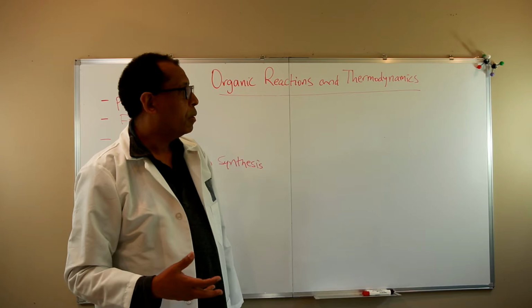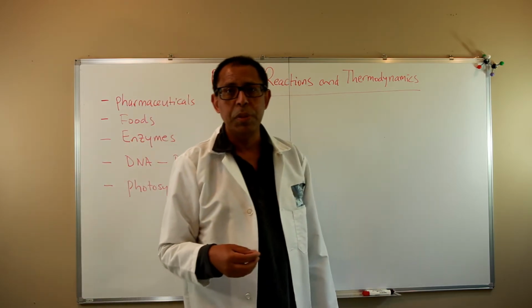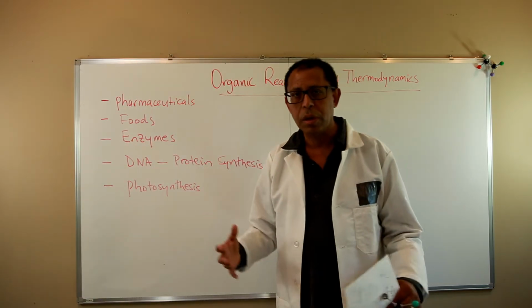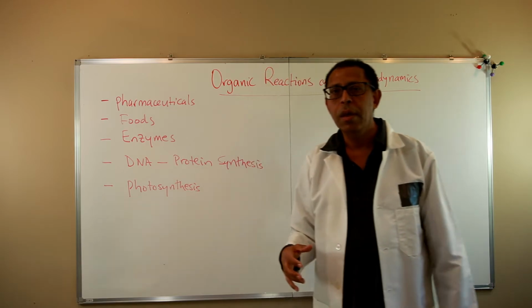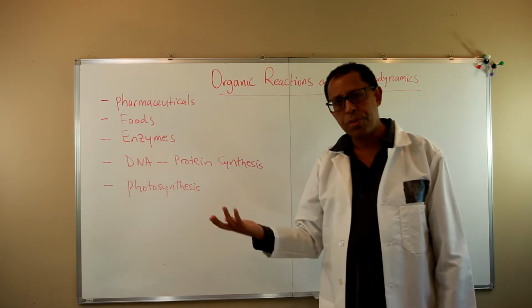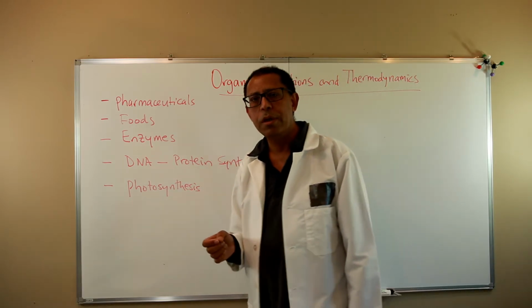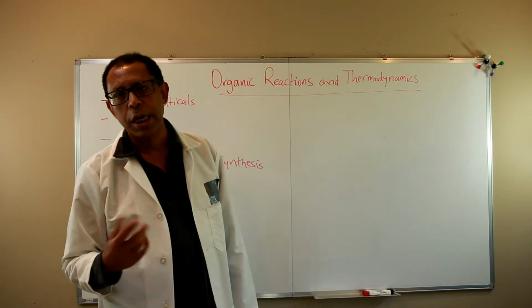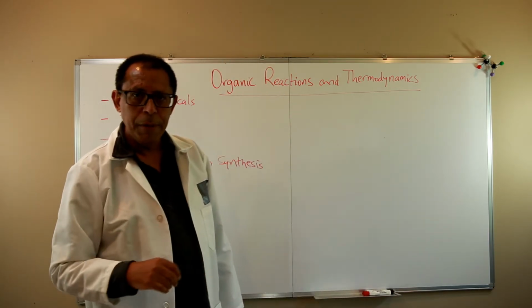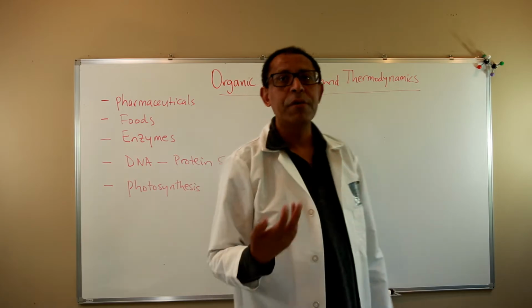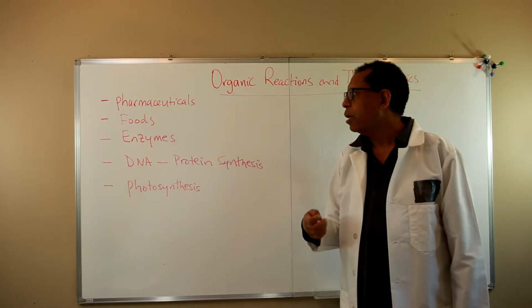So in the next few lectures we'll be studying organic reactions in general, but in the next chapter we'll also pick one particular kind of functional group and demonstrate different types of organic reactions.